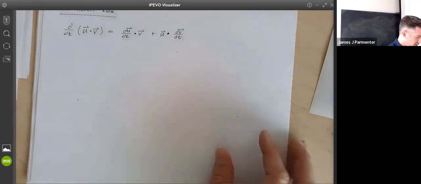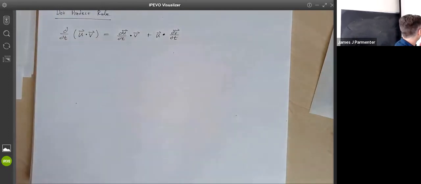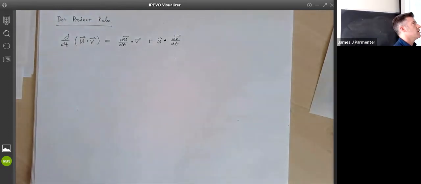Here's the other thing that comes up, which I think is pretty interesting. This next thing gets used in a lot of places. Depending on who you have for 21D, some people really emphasize this a lot when you talk about Kepler's motion and all kinds of weird stuff.